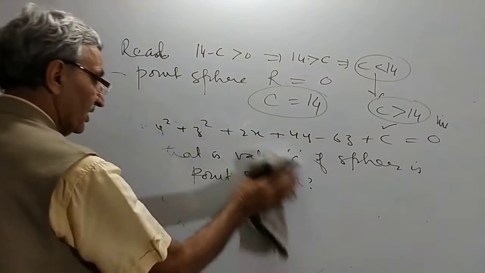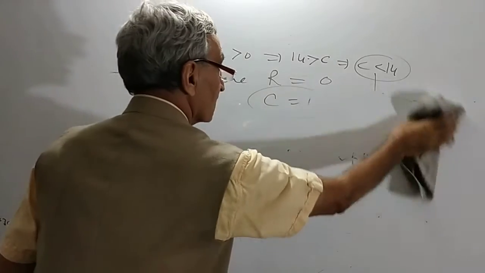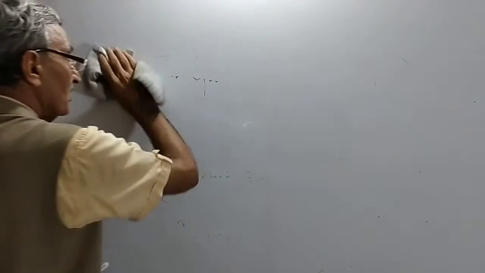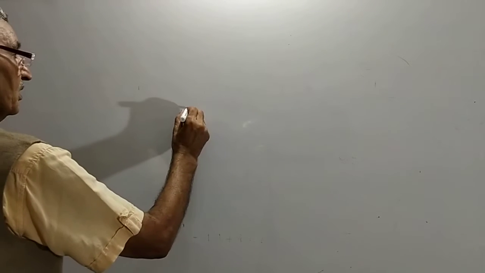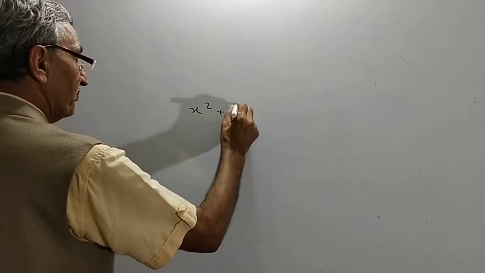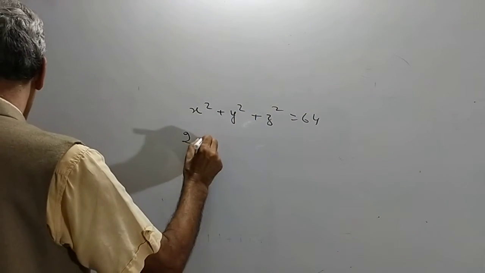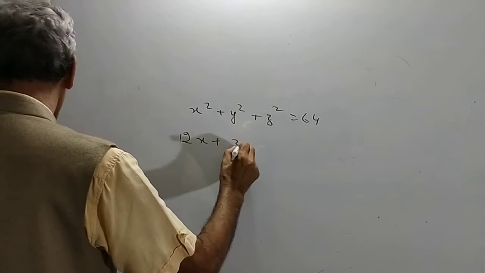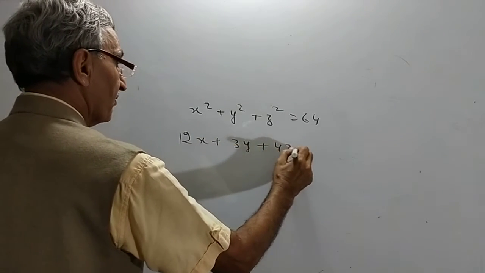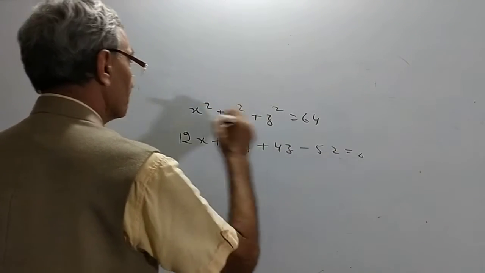The next question is regarding the intersection of a plane with a sphere. This is the sphere, and this is the plane 12x plus 3y plus 4z minus 52 is equal to 0.